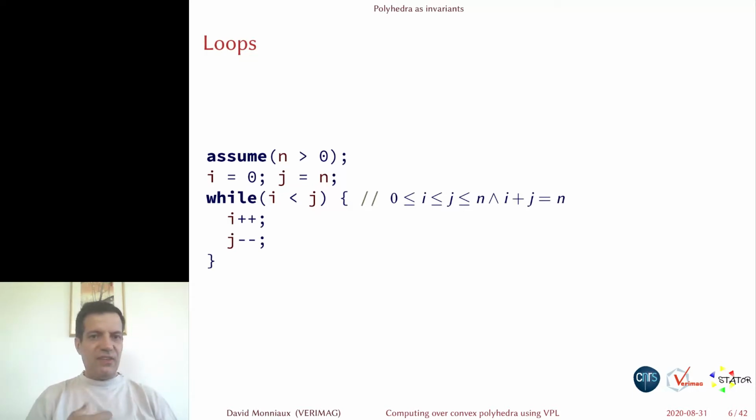It's not to be deduced immediately from the syntax. You have to work a bit to see that this is invariant. So we not only want to discover things that are already expressed in the syntax of the program, but also new properties that arise from the dynamic behavior of the system.